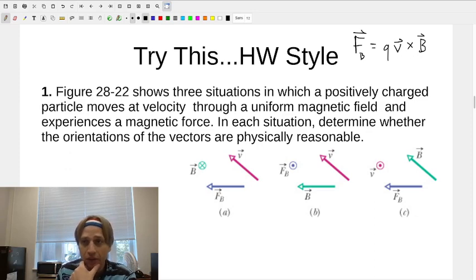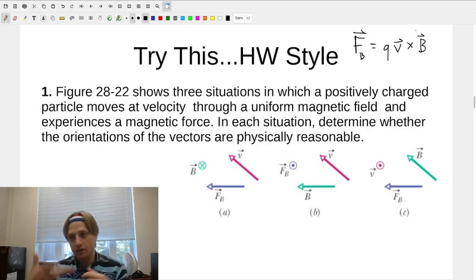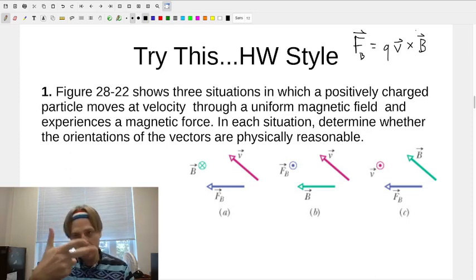They can be whatever they want. The magnetic force, though, because of this equation, has to be perpendicular to V and perpendicular to B. So that's what this right-hand rule is trying to get at.